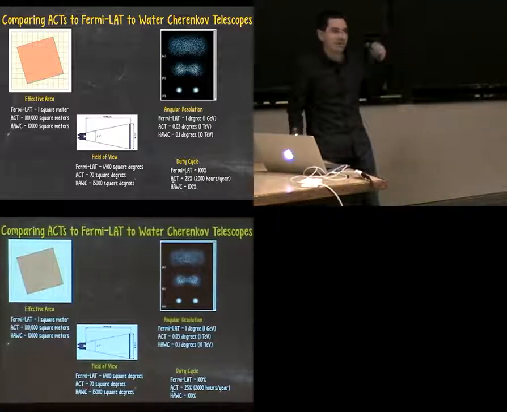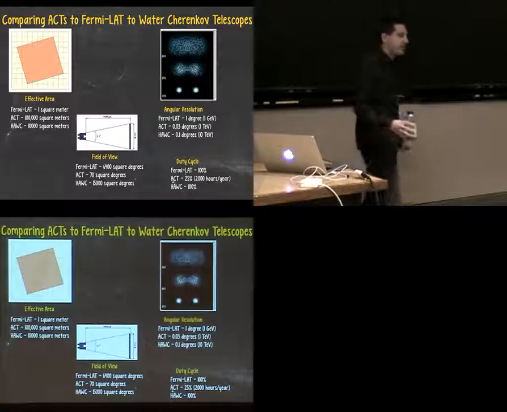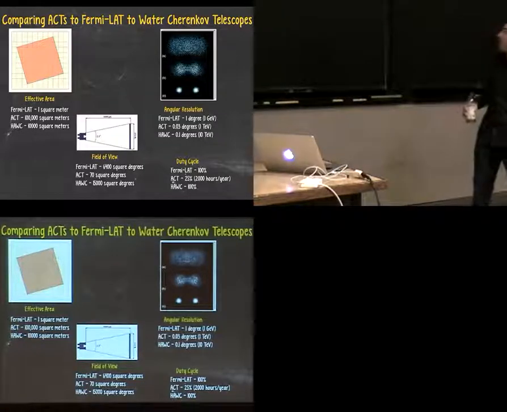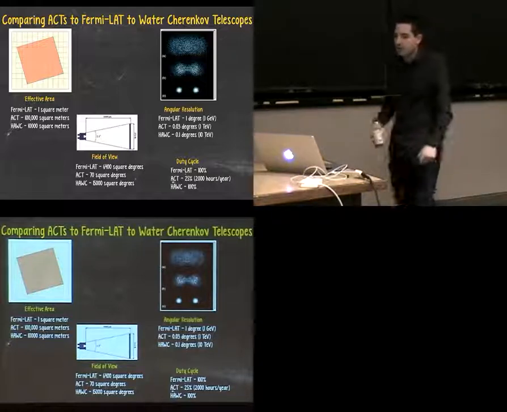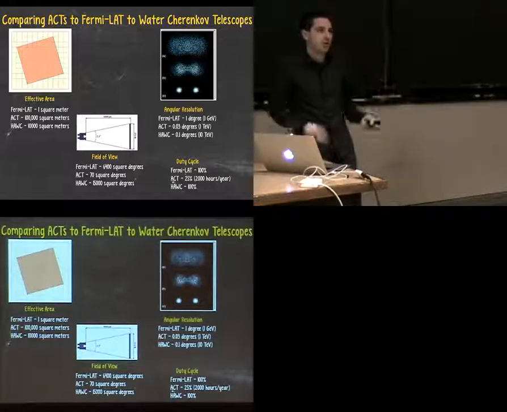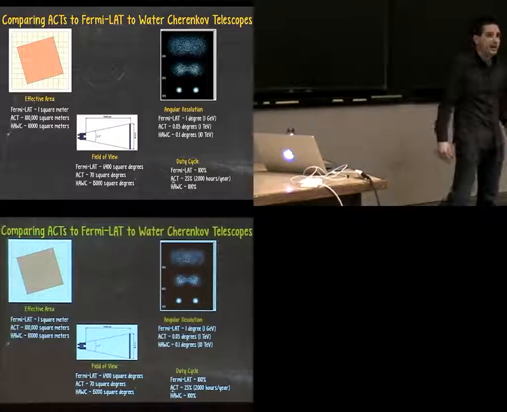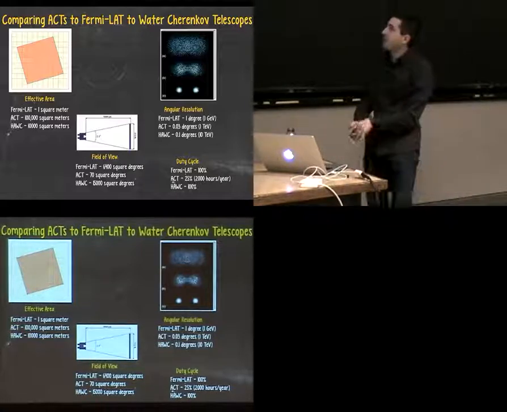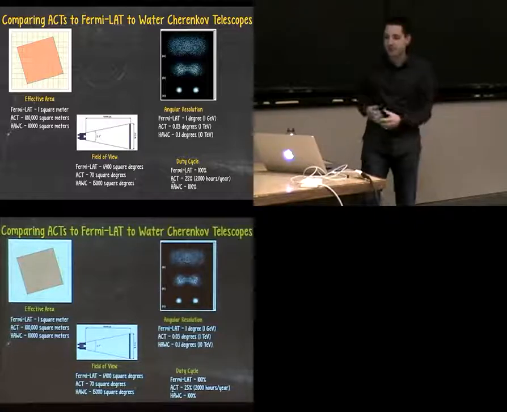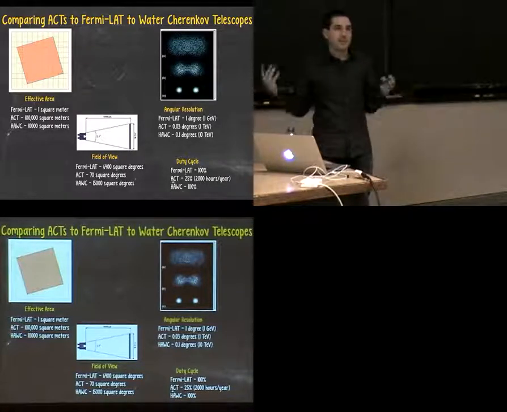So they only work when it's dark, and actually only when it's about a new moon, or not a full moon right above your instrument. So they see about 25% of the time, about 2,000 hours a year they're working. And HAWC is 100% because the shower is a charged particle shower that comes through your detector, and the sun doesn't do that. So you compare all these numbers to each other, and you try to figure out which instrument's best, and it really depends on what you're looking at.